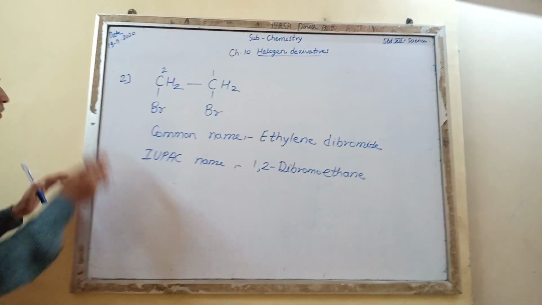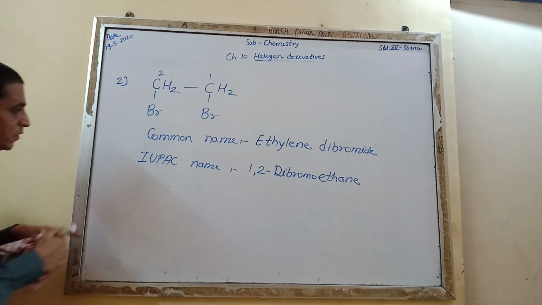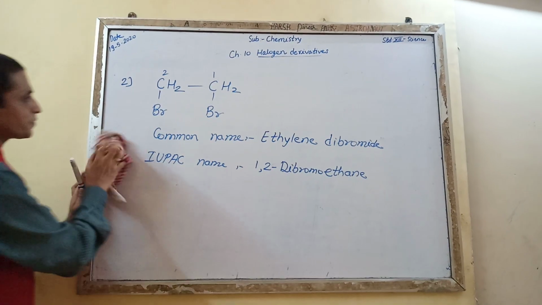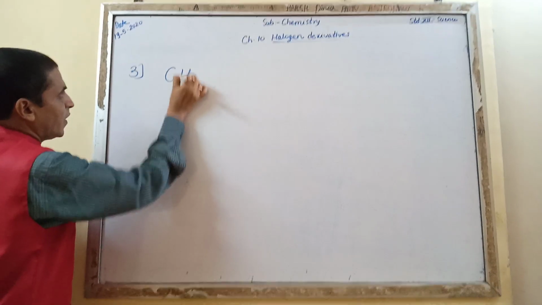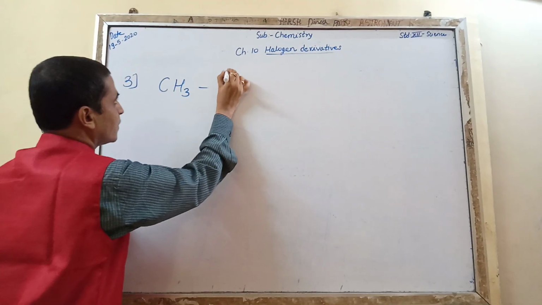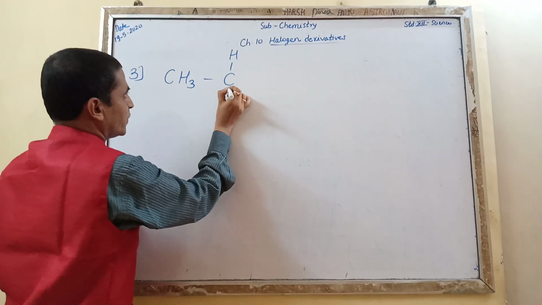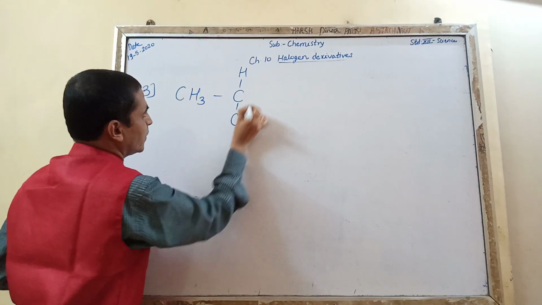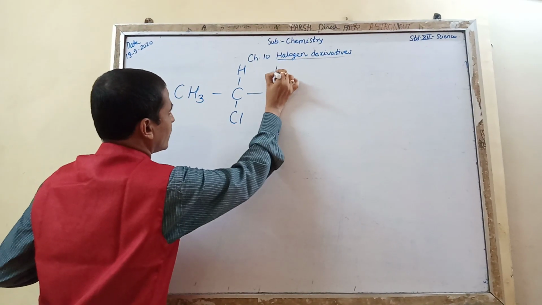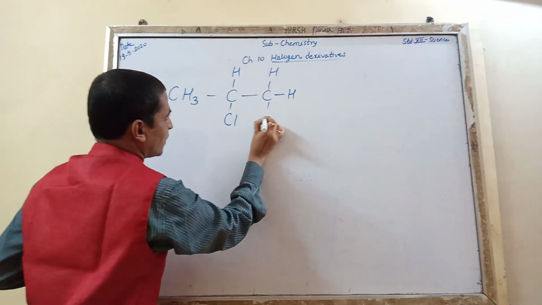It is about dihalogen derivative. Now we can proceed for one more example. CH3 CHCl CH2Cl.